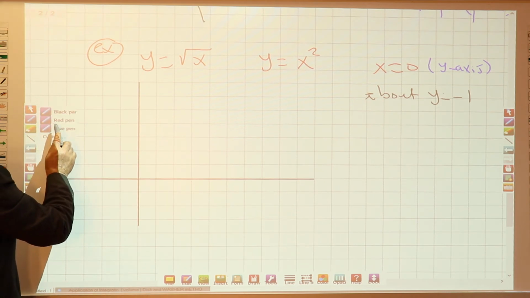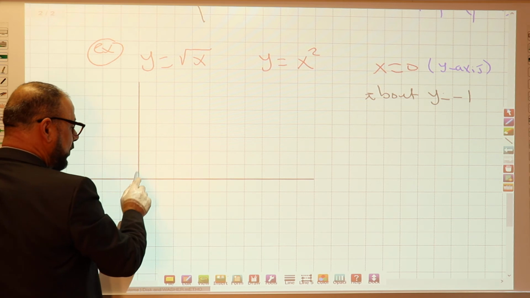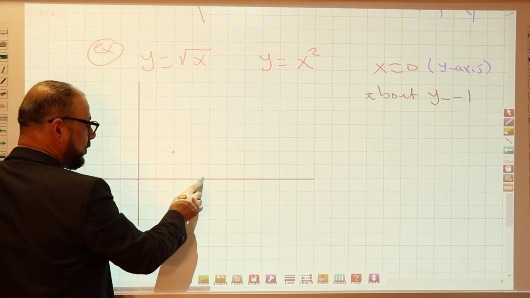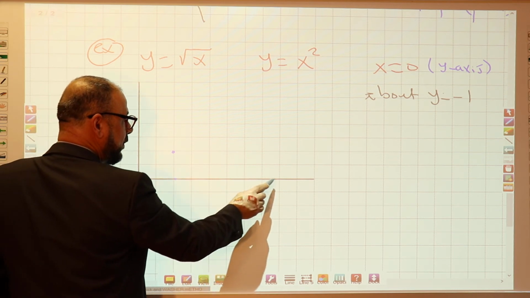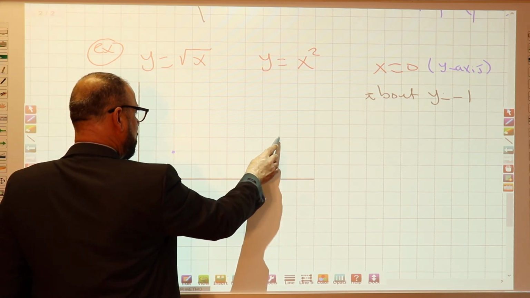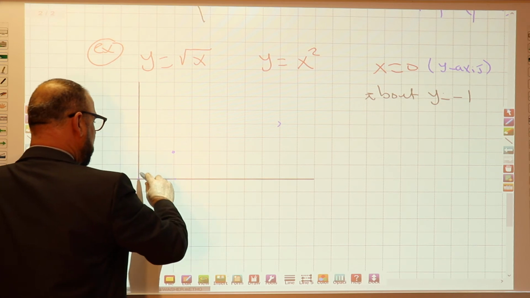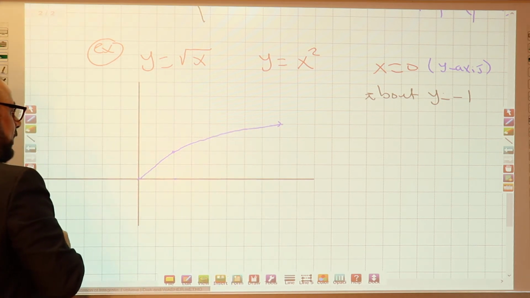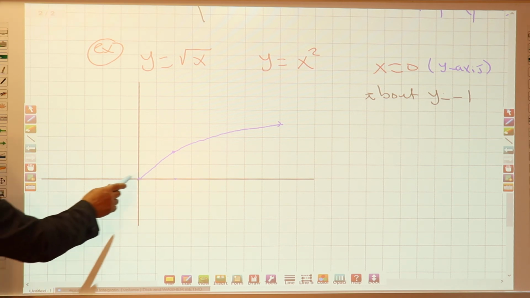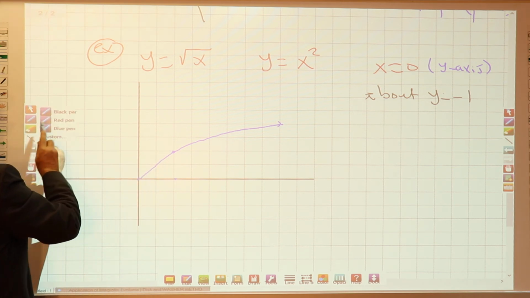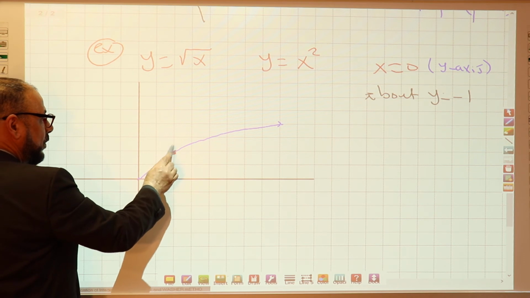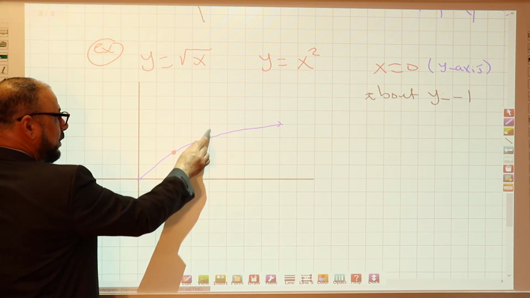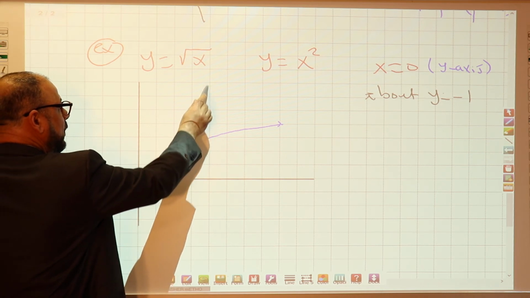What I mean by this: when x equals 0, this is 1, 2, 3, and this 4 comes to the 2. I'm going to enlarge it. That's better. When x is 2, y is 1, 1, 2, 3, 4, right?